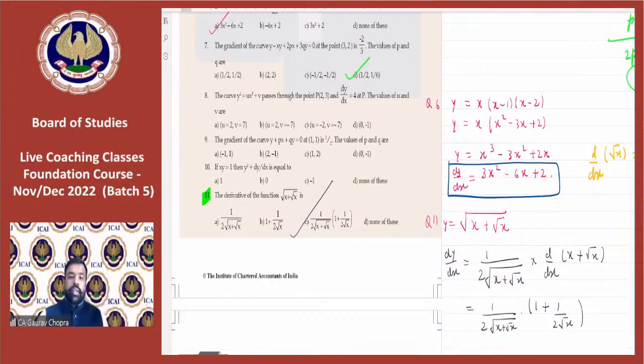So in the same way, you can try question number 8 and you will get the answer. All right. 9th is also exactly the same. So 7th, 8th, and 9th, all these three are the same. You can try them in a similar manner and get the result.